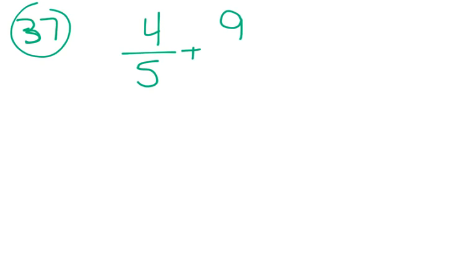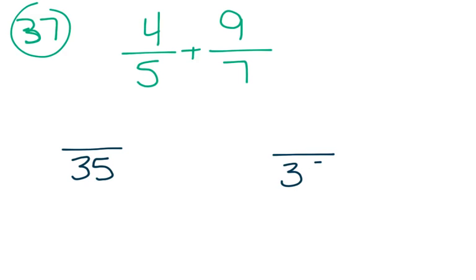Number 37 says 4/5 plus 9/7. Remember, you cannot combine them or subtract them if they don't have the same denominator. So here we're going to multiply 5 times 7. That gives us 35 for both of these.